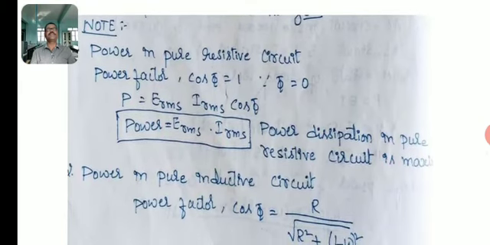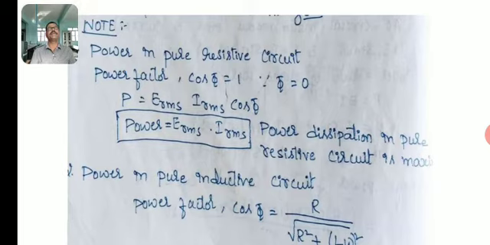Power in a pure resistive circuit: power factor cos phi is equal to 1. Because phi is equal to 0, P is equal to E RMS into I RMS into cos phi. If cos phi is equal to 1, then power is equal to E RMS into I RMS, so power dissipation in a pure resistive circuit is maximum.